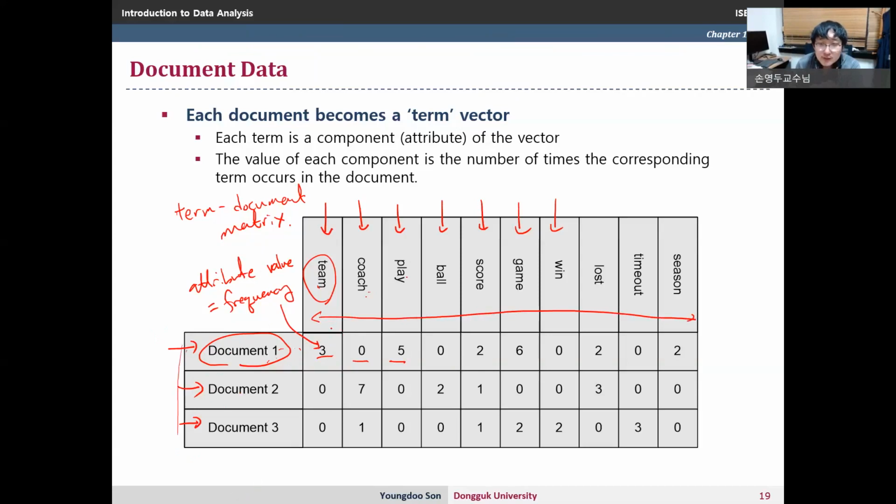So these term document matrices are usually very high dimensional, and usually sparse, because there are many zero values in the attribute values. So this is usually high dimensional and sparse.